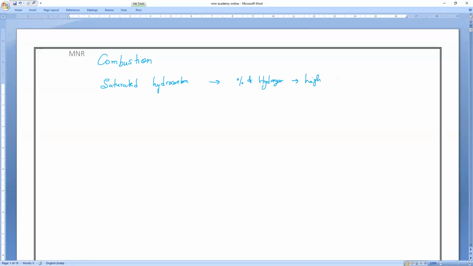So that is why they will burn with a what flame? Everybody? They will burn with a smokeless blue flame. So all of you remember, saturated hydrocarbons have a high percentage of hydrogen.